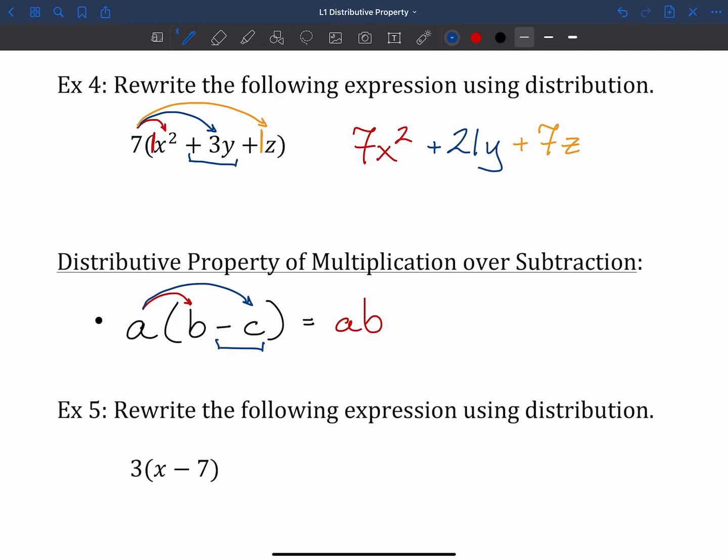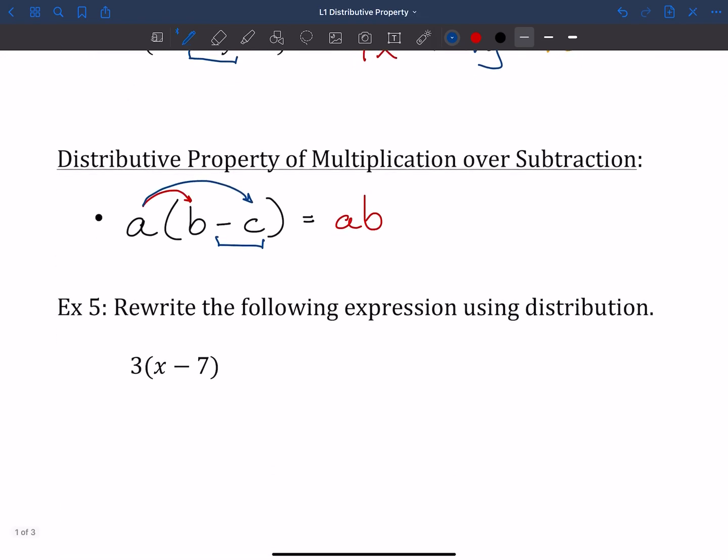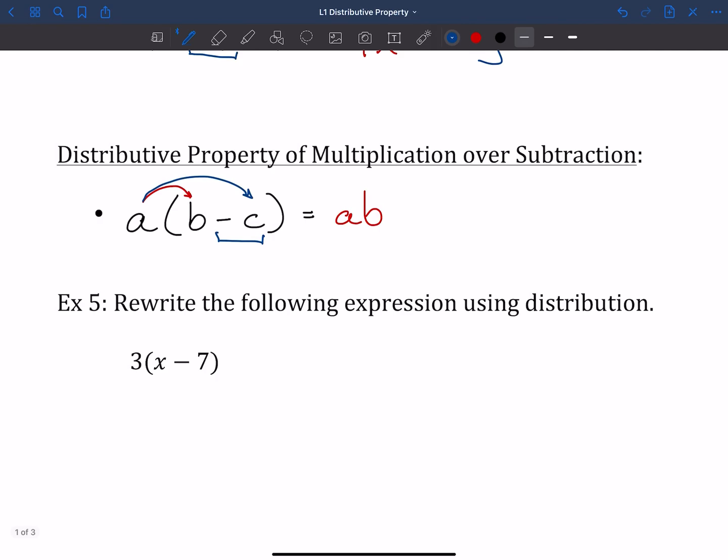So when we do this down here, it's a times negative c, so that's going to give us negative ac. You can also think about it as dragging the subtraction sign along with it, but sometimes it's a little better to think about it as, this is the sign that's in front of c, and that's what we're going to take.